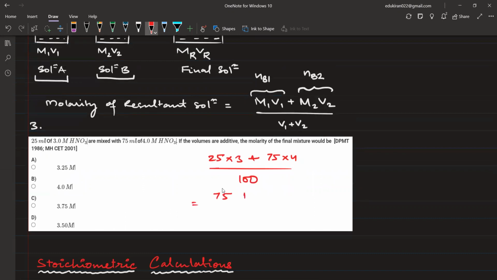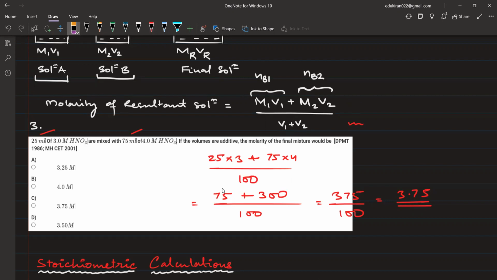This becomes 75 plus 300, that is 375, divided by 100, which equals 3.75. Since everything here is in milliliters, you need to balance them: the milli from here, the milli from here, and the milli from here will cancel each other out. You don't have to worry about the milli.